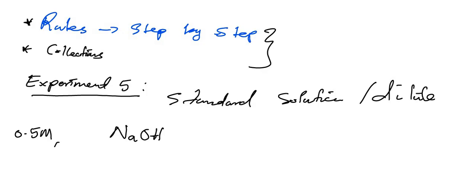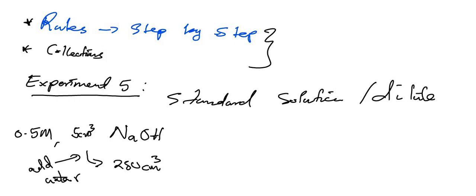They just tell us. They will tell you to get, let's say, 5 cubic centimeters. Then once you get this, you dilute it, put it in a 250 milliliters or cubic centimeters vessel, adding water. Yeah, you add water. The reason why we're adding water is so that we can have enough sodium hydroxide to run as many trials as possible.